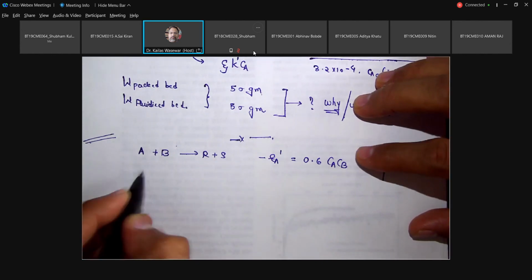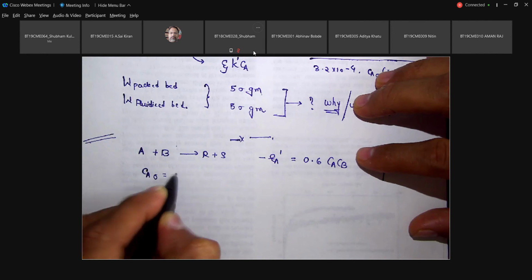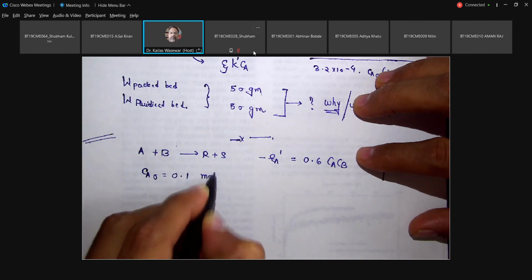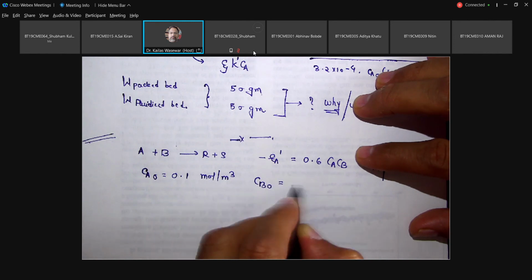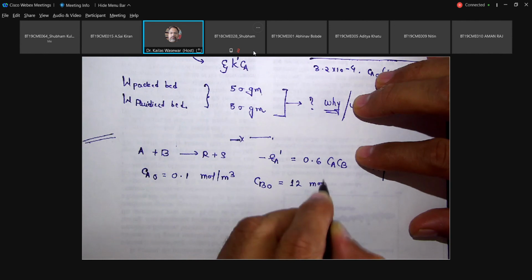Now the reactants are Ca0 equal to 0.1 mole per meter cube and Cb0 equal to 12 mole per meter cube.